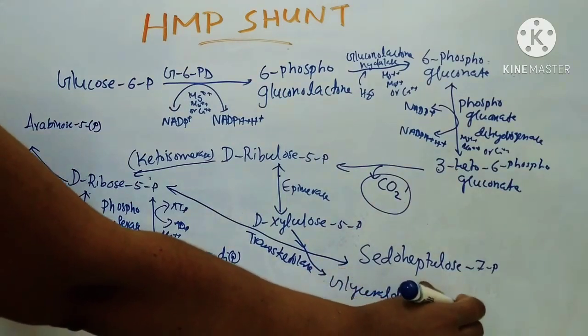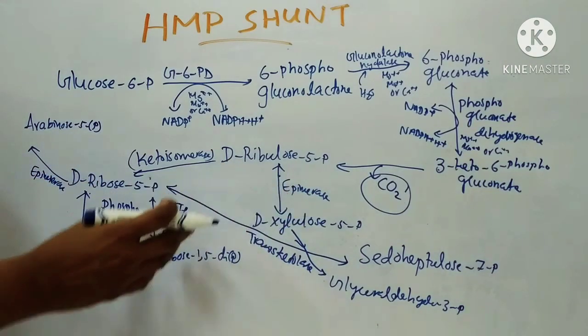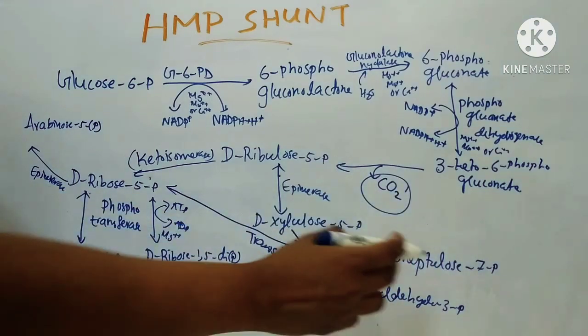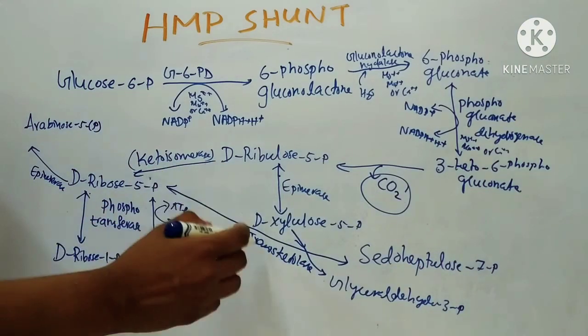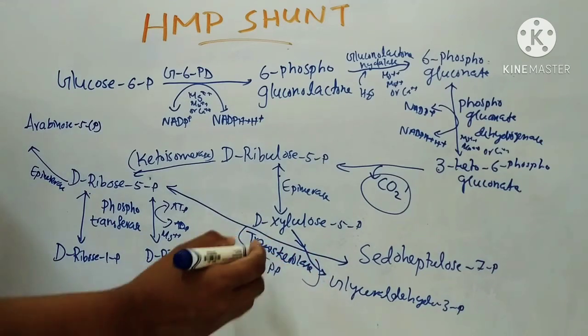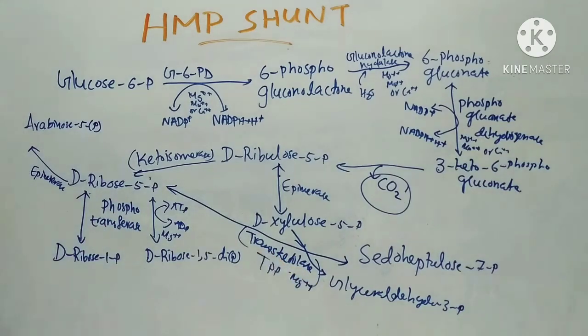This transketolase enzyme needs thiamine pyrophosphate, or TPP, as the coenzyme, and it needs Mg++.